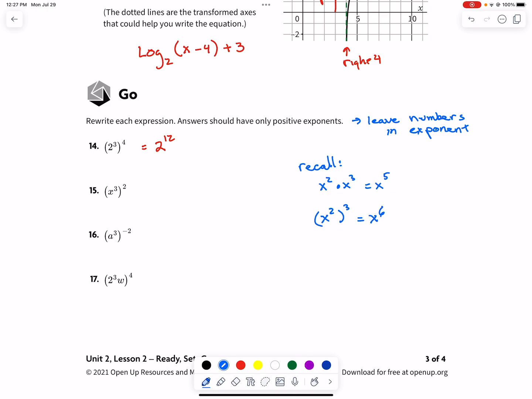Just to remind you again, x squared means x times x, and then x cubed is x times x times x. That's why we can just add the exponents. X squared cubed means x squared times x squared times x squared, and if you add 2 plus 2 plus 2, that's the same as 2 times 3. Okay, back to distributing.